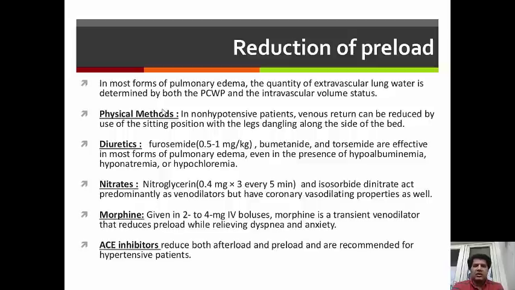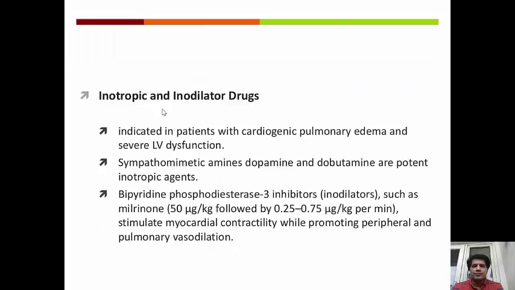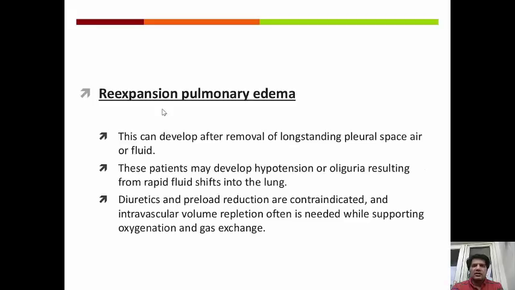But this will not work much in ARDS, where the pulmonary capillaries have actually been damaged. So you would not get much by changing pressures. Here you will have to repair capillaries and treat the disease pathology. Then inotropic drugs might be used if the heart failure is weak. But for re-expansion pulmonary edema, as I already told, you have to tap less than 1.2 liters.